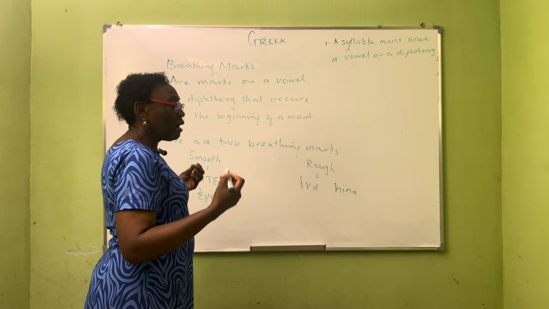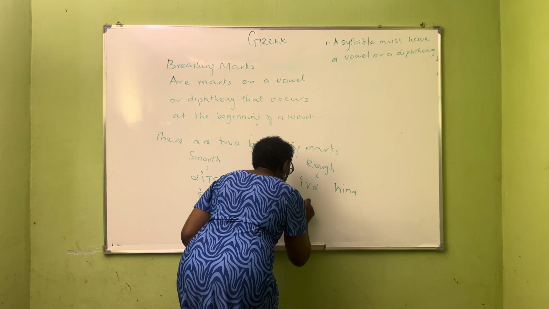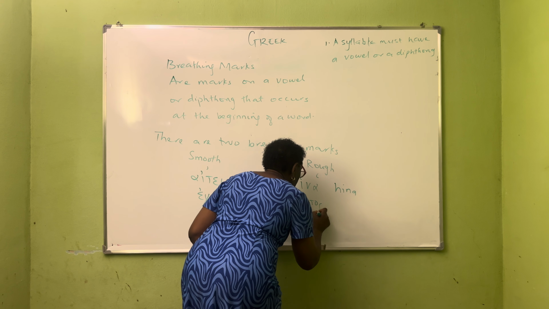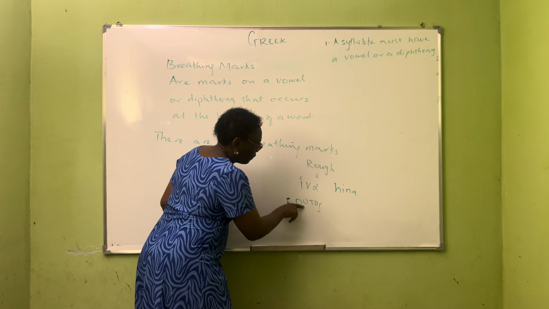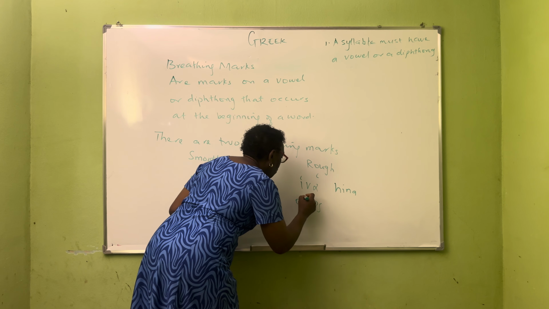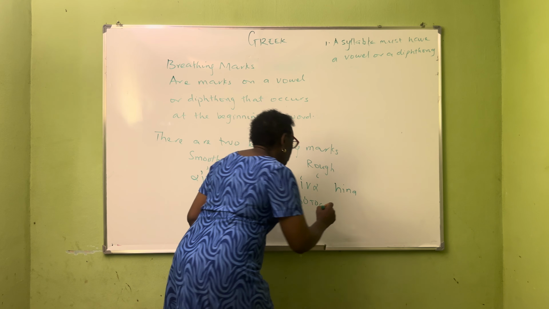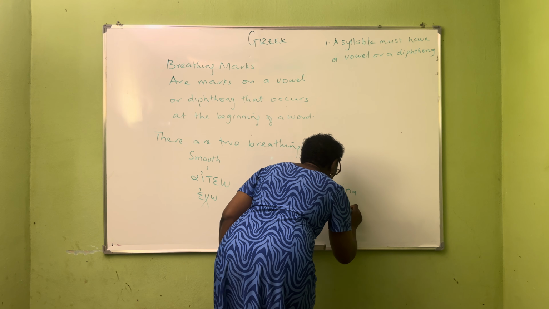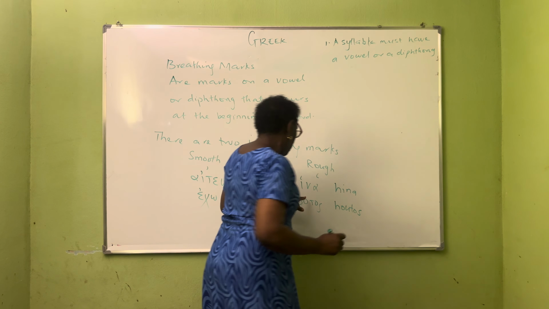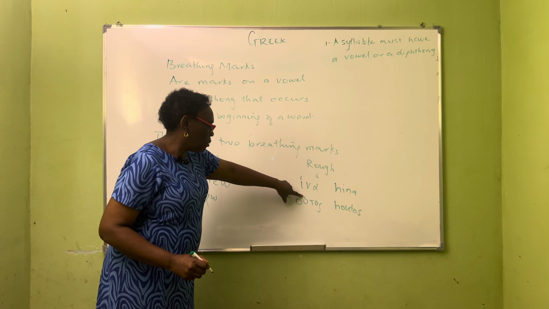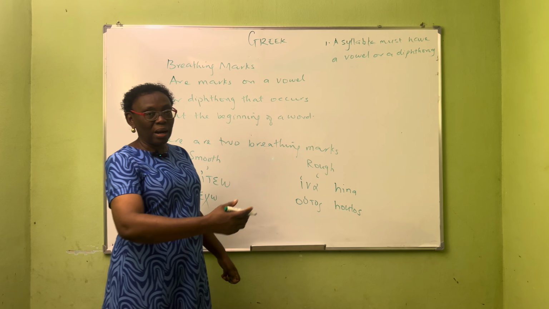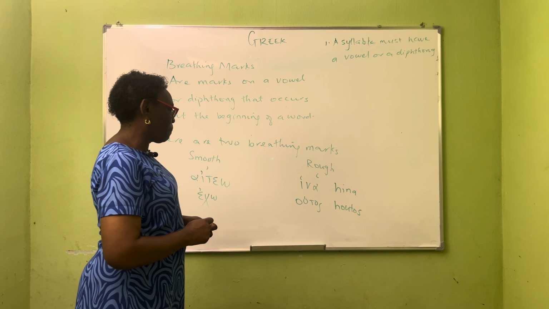Anytime you see that, we have more. Like if you have the word hutos, then being a diphthong, the rough breathing mark will be on the second vowel. If I'm going to do the transliteration, I will take note of the rough breathing mark first before I transliterate the rest.